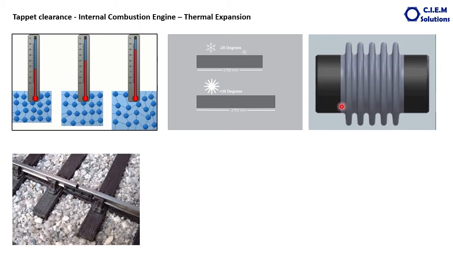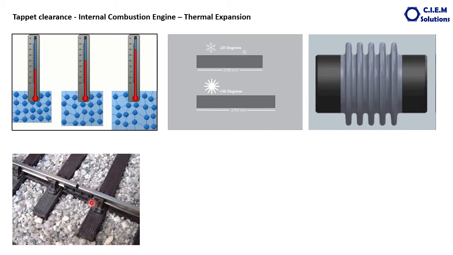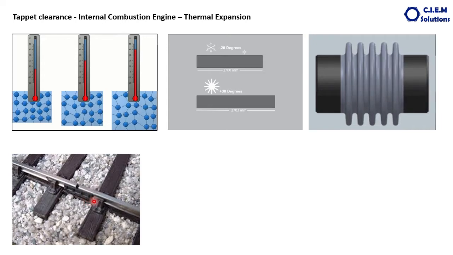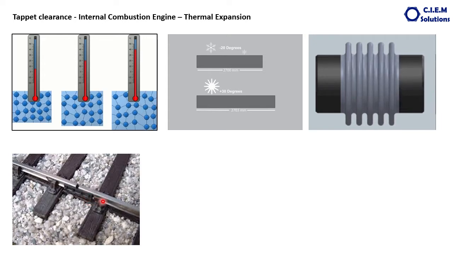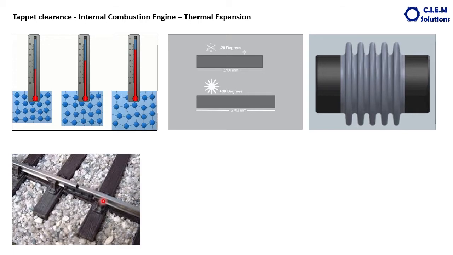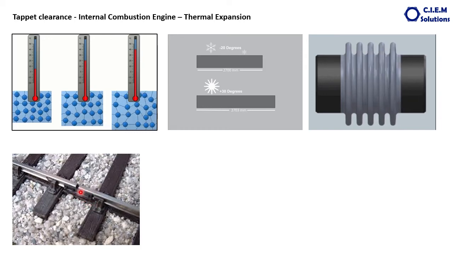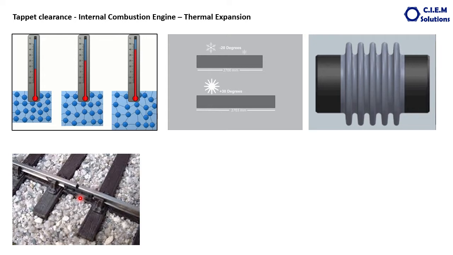This is a kind of expansion joint, and here we can see the rails on which our trains move, which we have all seen. The rails do have a gap and are connected with fish plates. So this joint is called the expansion joint.